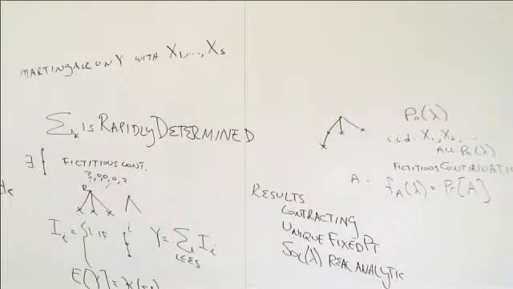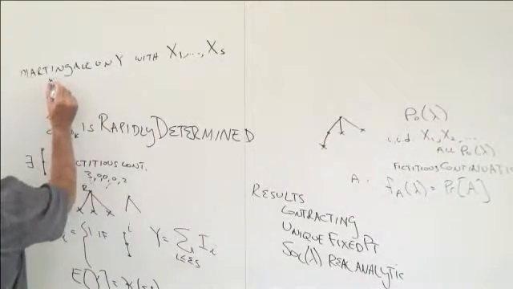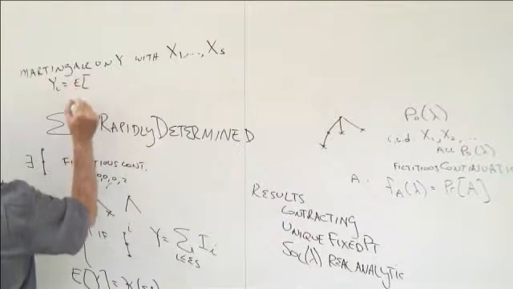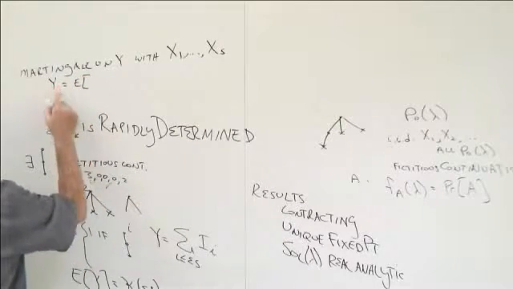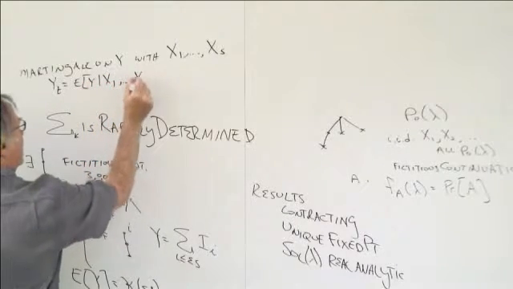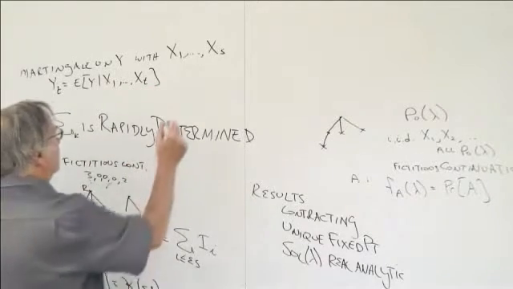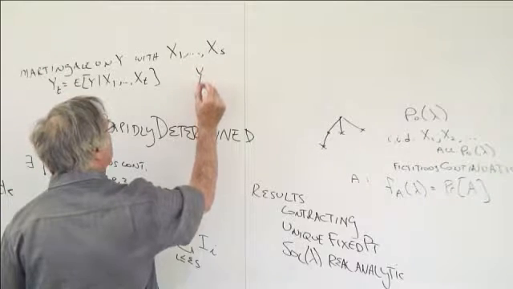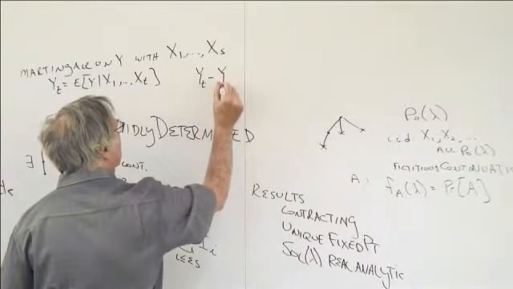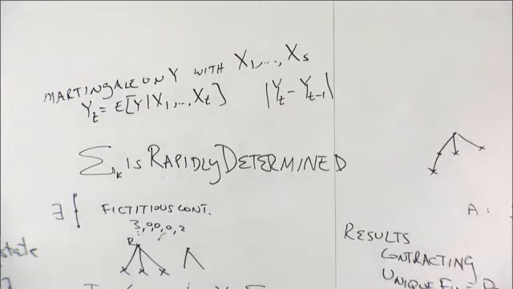What can be the effect of xi? So yt is the expected value of y given x1 through xt. And now I want to look at how our expected value changes when we say how many children child t, the tth child, has.